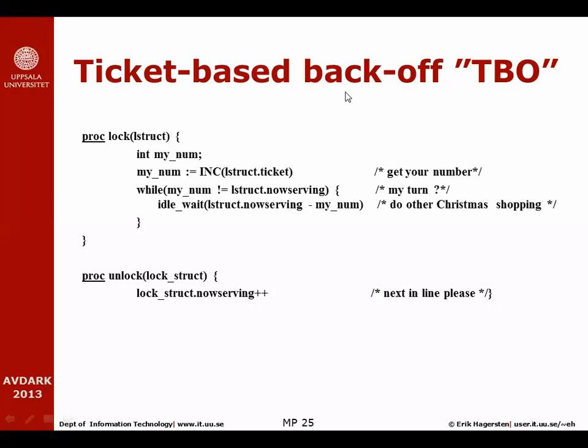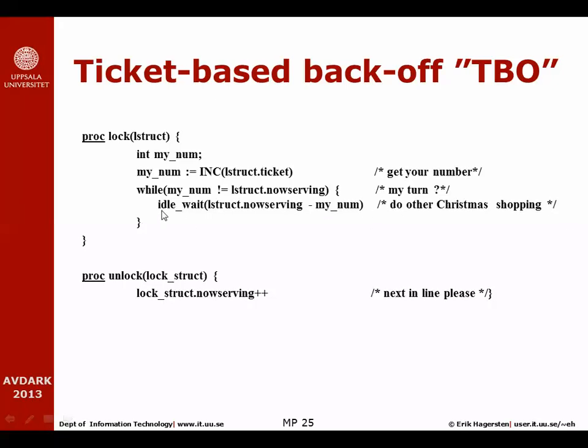And back a couple of years ago, even the liquor stores in Sweden had this kind of cheese counter ticket system where you pull the number and then you had to wait in line until it was your time to be served. So you got in there, you got your number, and then you saw how far away that number was from the now serving number. And if it was like 500 numbers away, you went off and you did some Christmas shopping.